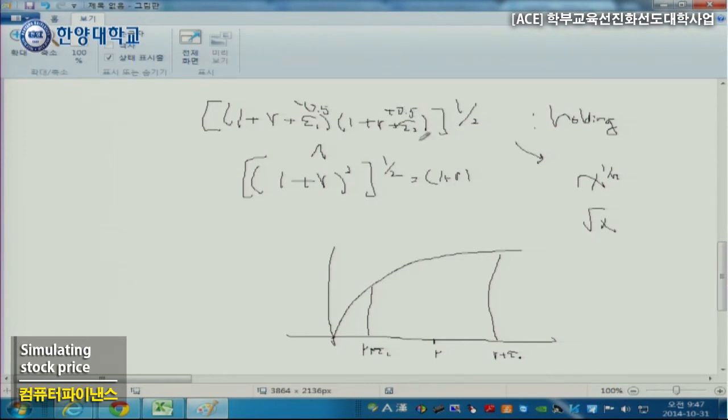Then in these two cases, the expected result is exactly the same. But the thing is that one is R minus 0.5 and the other is R plus 0.5. So consider the expected return of these two cases.